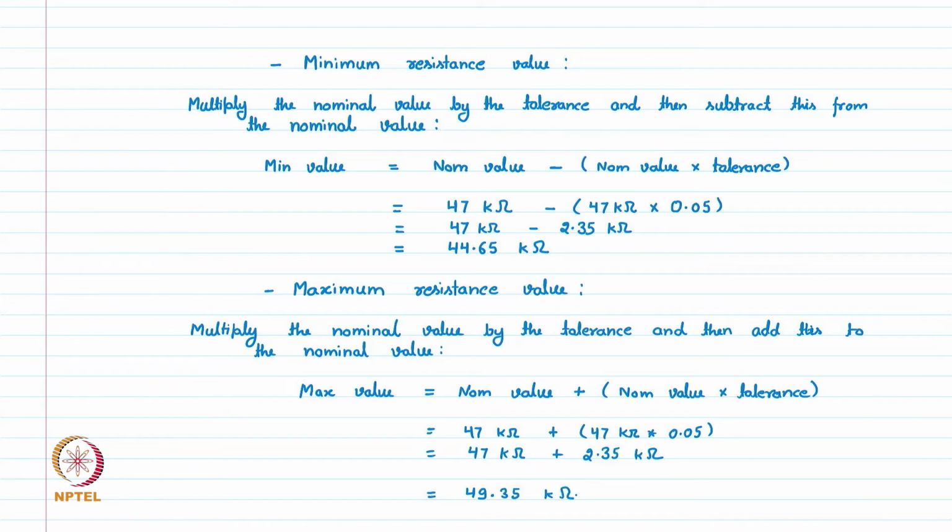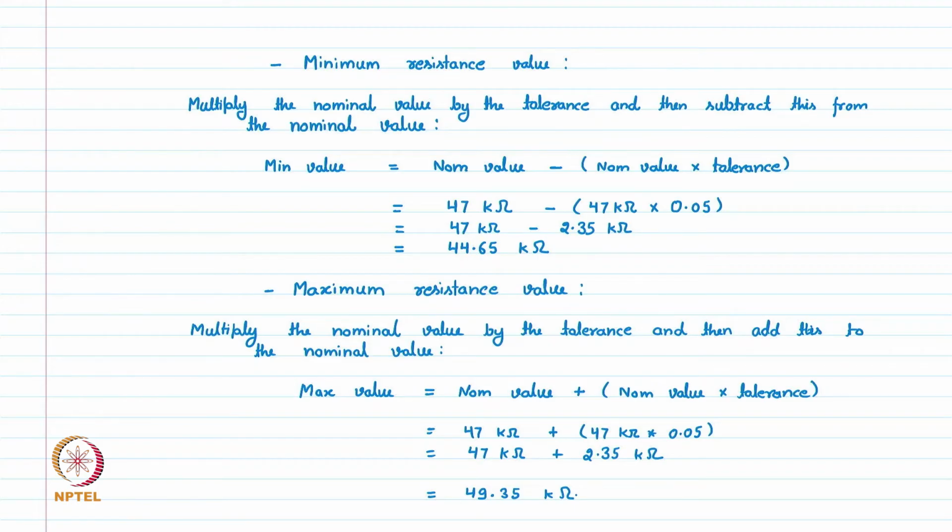So these are the maximum and minimum values of resistance, which is 47 kilo ohm nominal value, but because of the tolerance, the minimum value and maximum value can be 44.65 and 49.35 kilo ohm respectively.